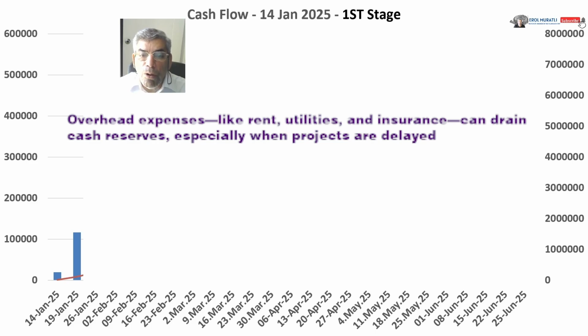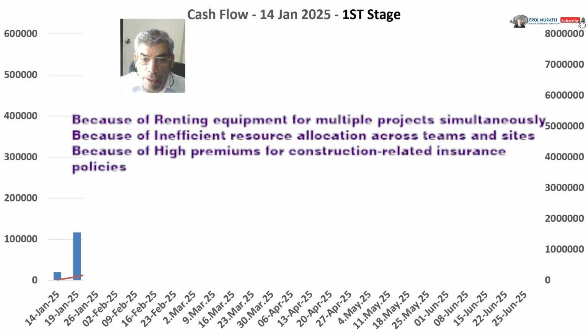Another issue is overhead expenses like rent, utilities, and insurance, which can drain cash reserves, especially when projects are delayed. The reasons for this are renting equipment for multiple projects simultaneously, inefficient resource allocation across teams and sites, and high premiums for construction-related insurance policies.